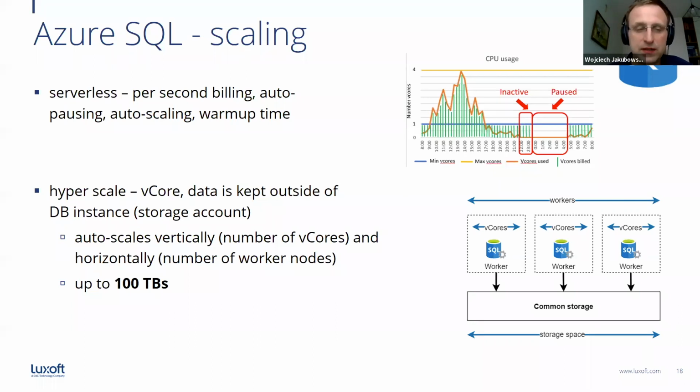Because of that, it scales really well, both vertically with the number of cores per instance increasing, and horizontally with the number of database instances increasing. And it can handle up to 100 terabytes of data, which is much more than other tiers.